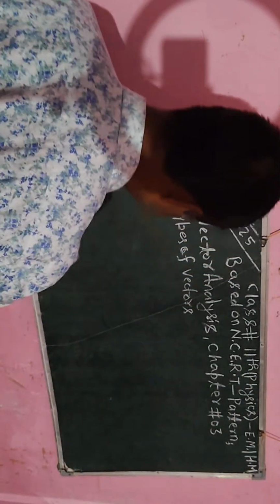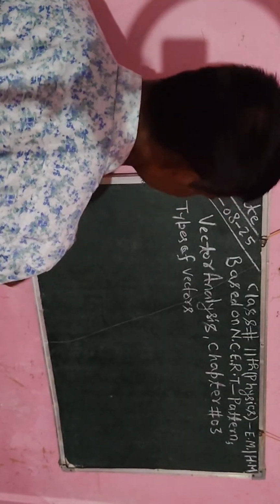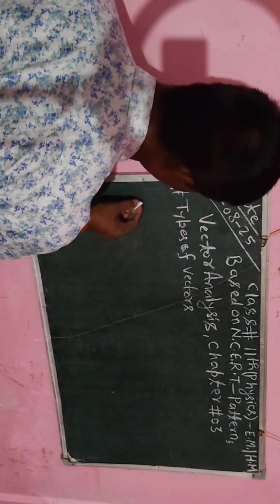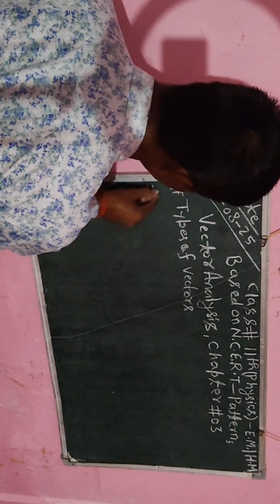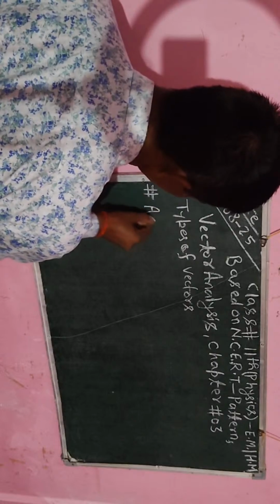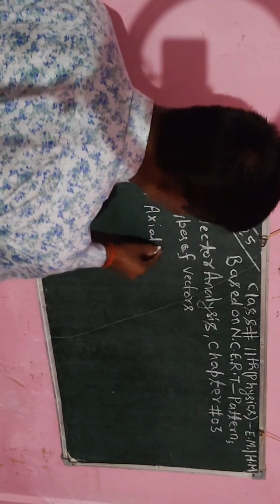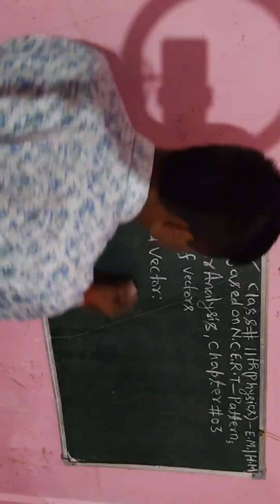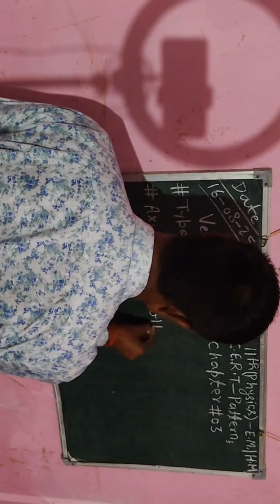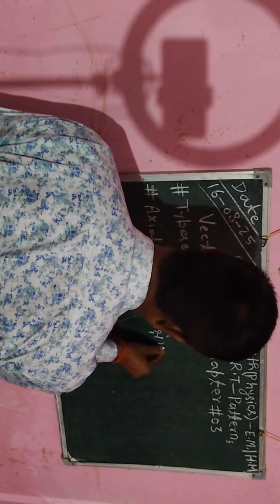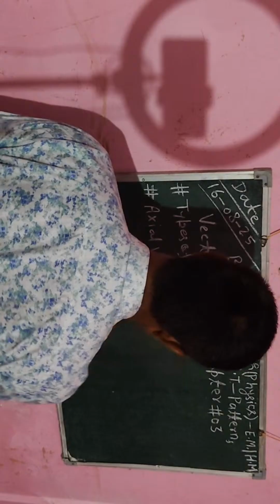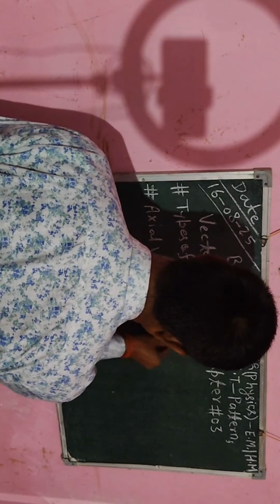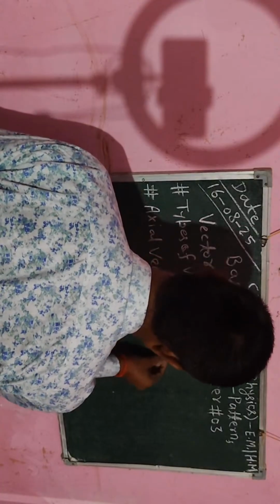The word axial is also written in Hindi, that is अक्षीय, from axis. Here I will write axial vector. That is also written in Hindi as अक्षीय अक्ष.